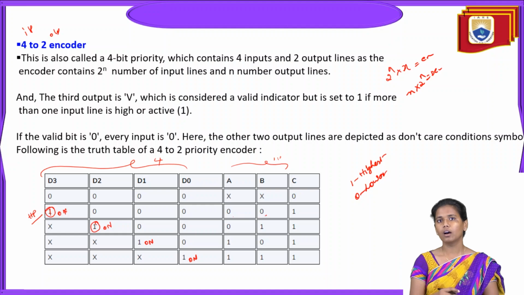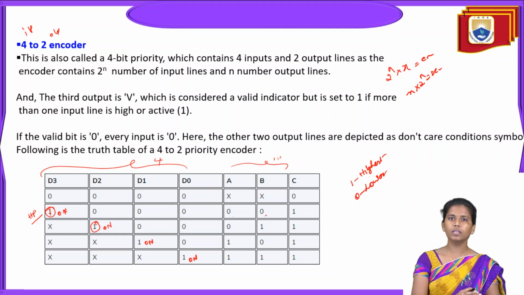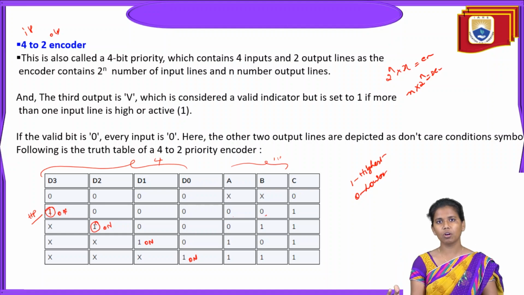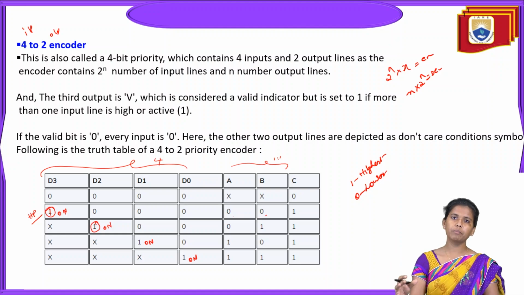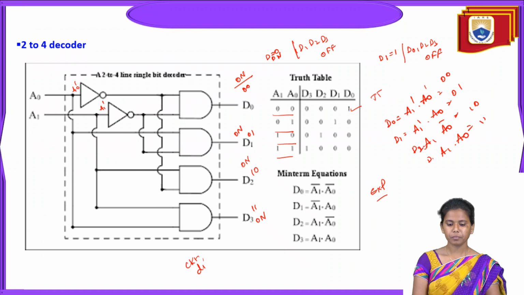For that, you go with the circuit diagram, followed by the truth table, and from the truth table you use the Karnaugh maps, get the Boolean expressions, and from the Boolean expressions you can draw the circuit diagram based on the gates. This is how the procedure goes.